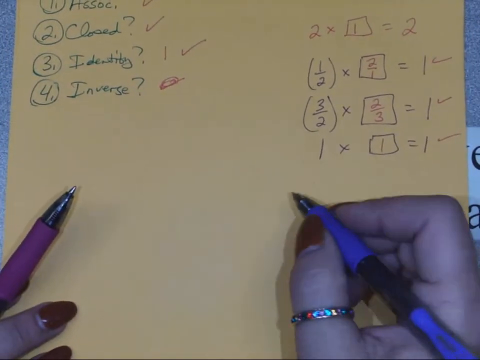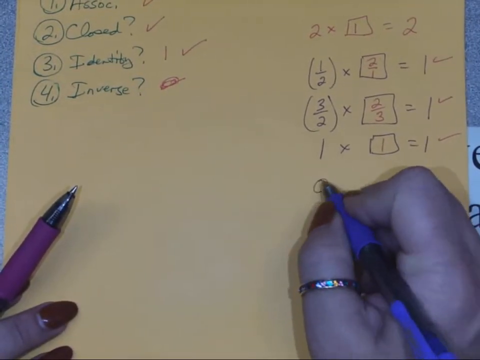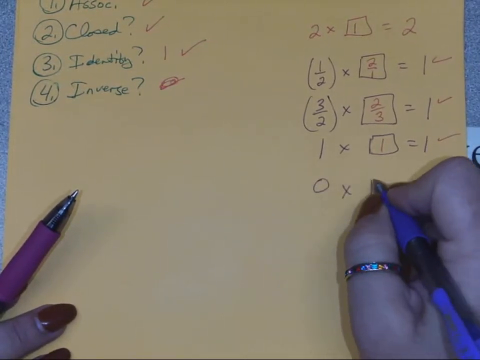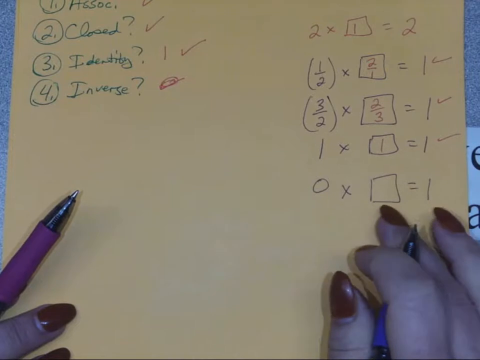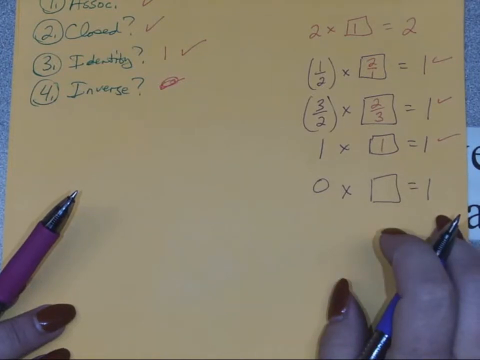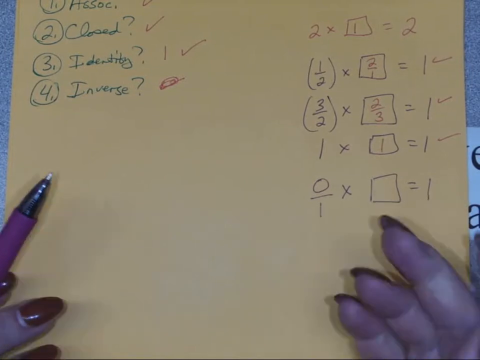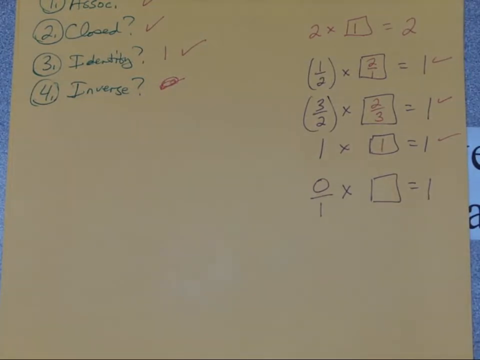So 0 is actually just 0, but I can also write, so I'm trying to figure out 0 times what gives me a 1, right? That's what I'm after. So it could be 0 over 1. That's okay. You can really put 0 over anything. It'd be 3, -2, whatever. It doesn't matter. I'll still get 0 on the top.